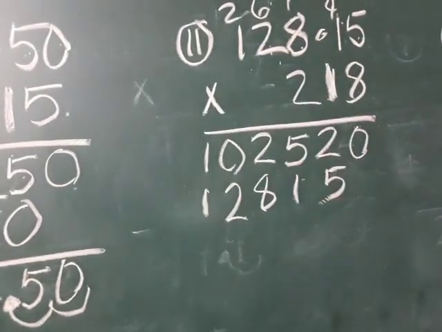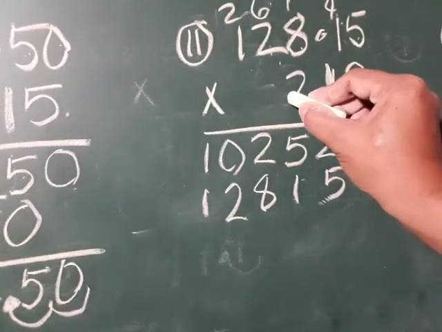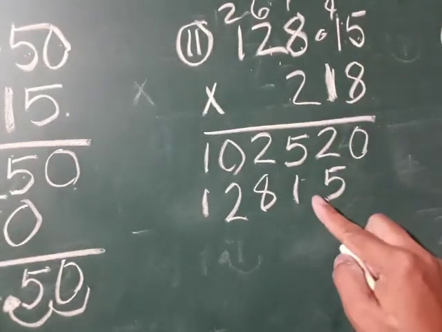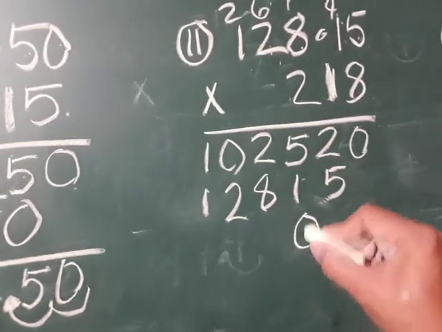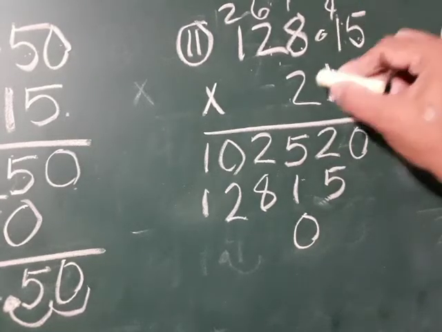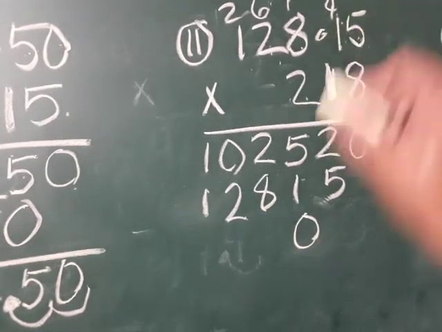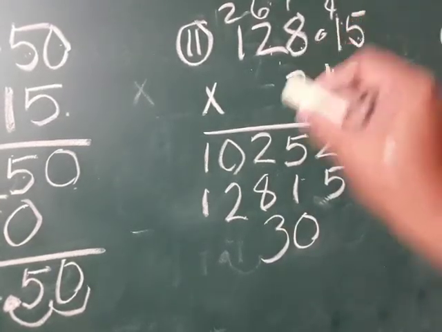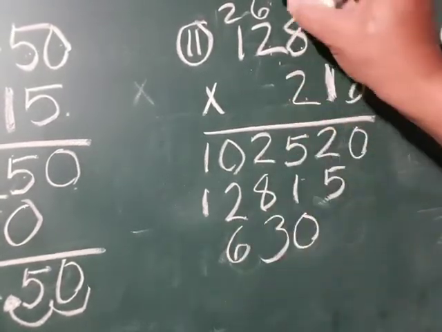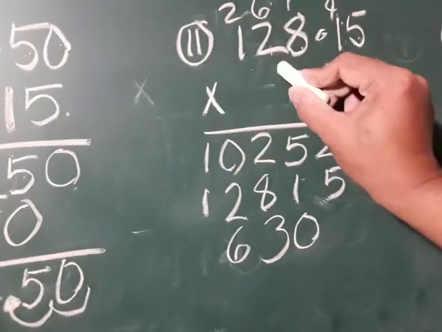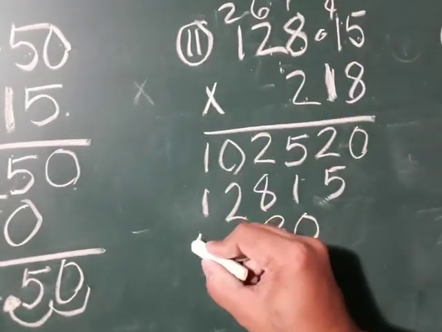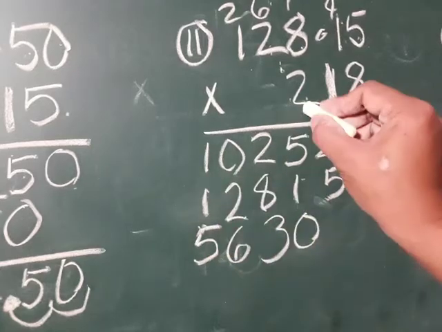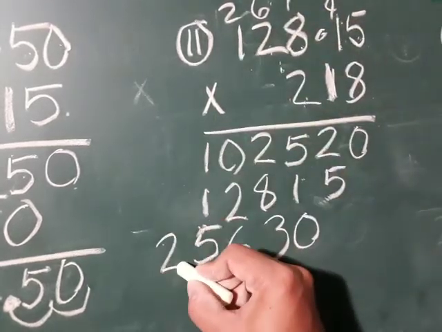That is the shortcut method. Next, 2 times 5, 10. So just leave 1 space. Carry 1. 2 times 1 is 2, plus 1 is 3. Next, 2 times 8, 16. Carry 1. 2 times 2, 4, plus 1 is 5. And then, 2 times 1 is equal to 2.